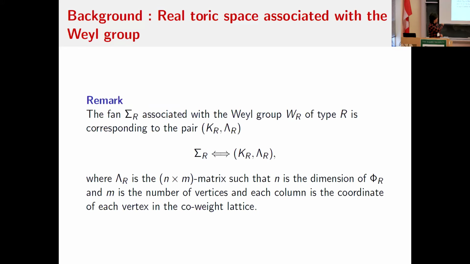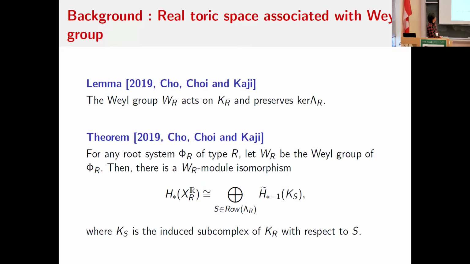Remark that the fan associated with the Weyl group corresponds to the pair of this Coxeter complex and a characteristic matrix, and the columns of the characteristic matrix are the coordinates of each vertex in the coweight lattice. The above lemma says that the Weyl group acts on the Coxeter complex, and this action preserves the kernel of the characteristic matrix.